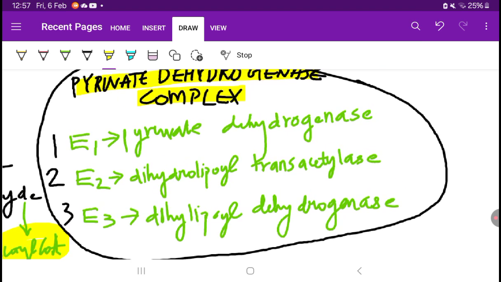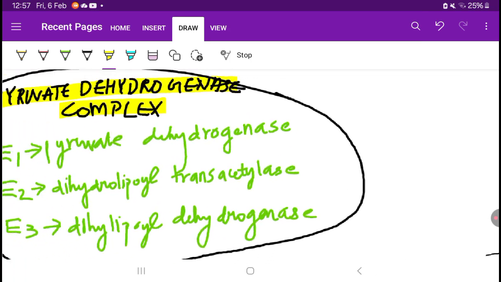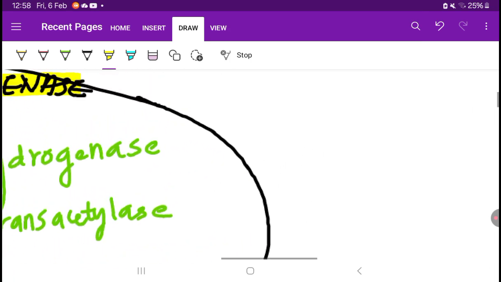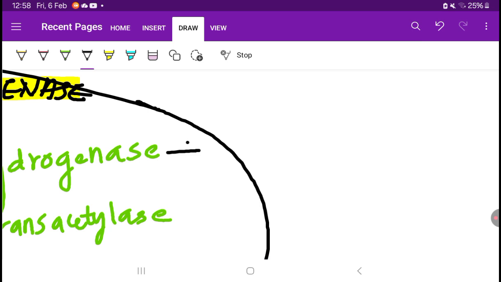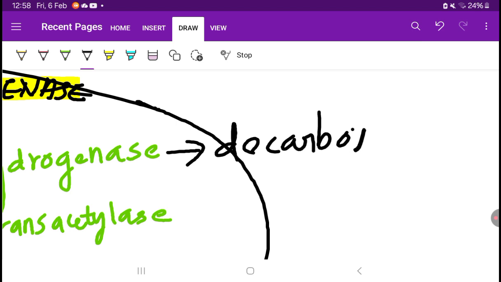Okay, and what are their functions? E1's function is decarboxylation.